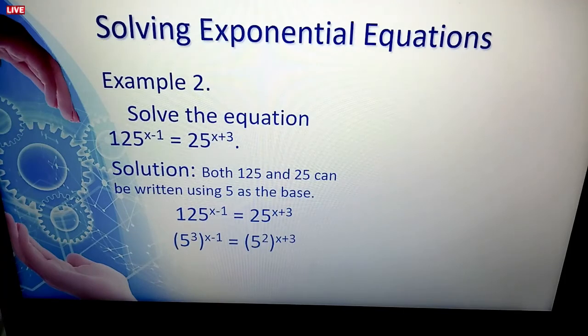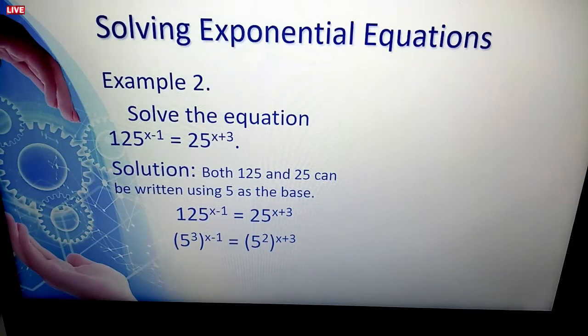So, from 125, we have 5 cubed with the same exponent, x minus 1. On the right side, we have 5 squared, which is the 25 base, with exponent x plus 3. Again, following the one-to-one property of exponential functions, same base.